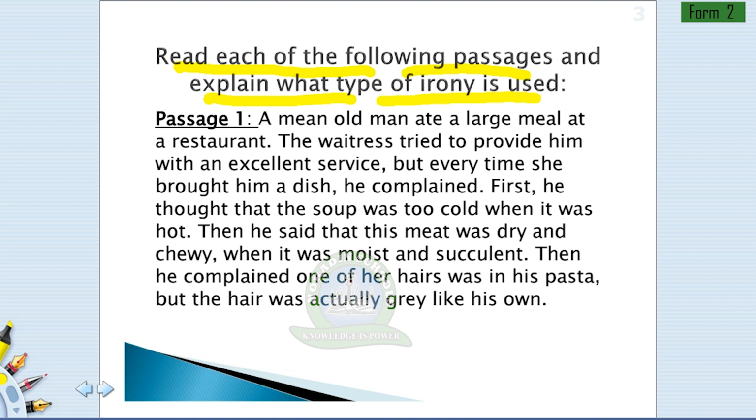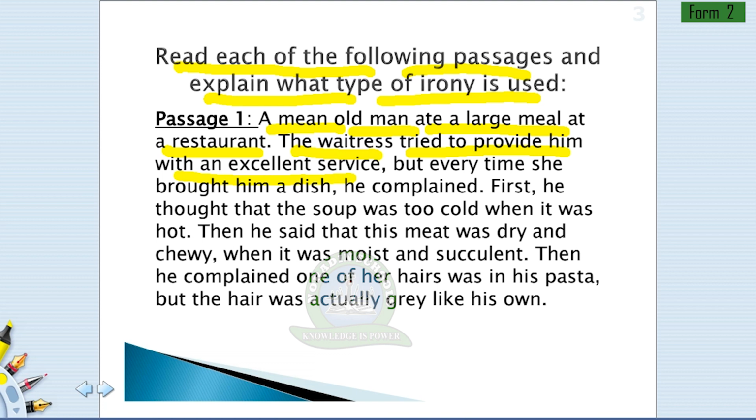A mean old man ate a large meal at a restaurant. Then what happened? There was a waitress in that restaurant. The waitress tried to provide him with an excellent service, a great, fantastic service.